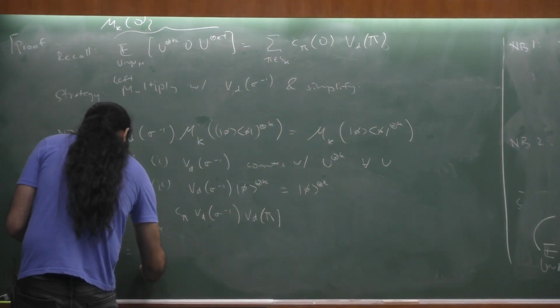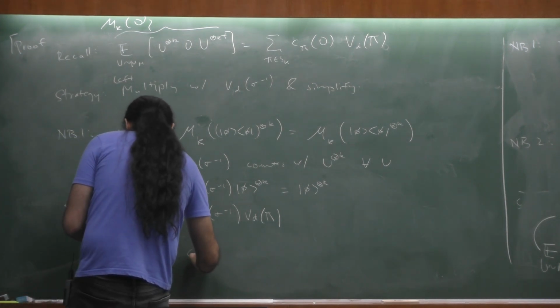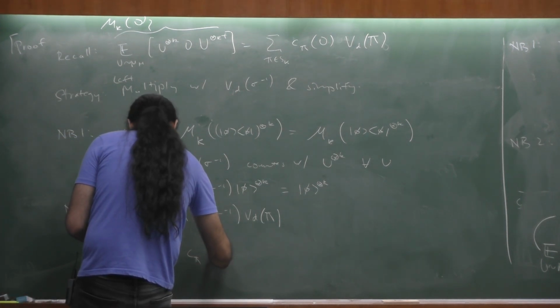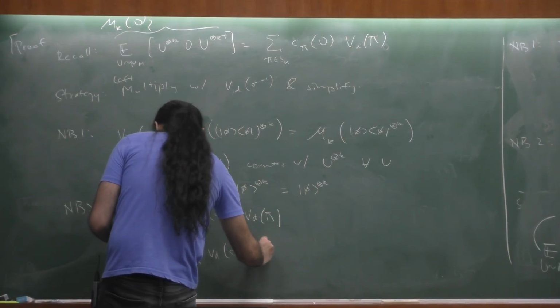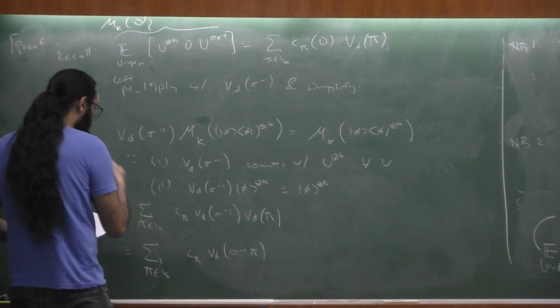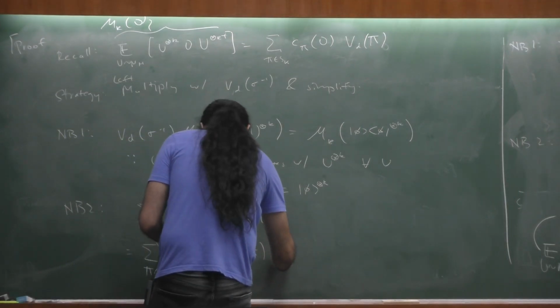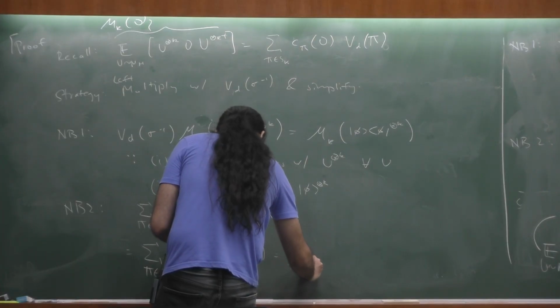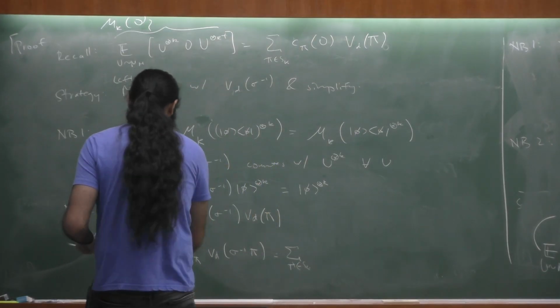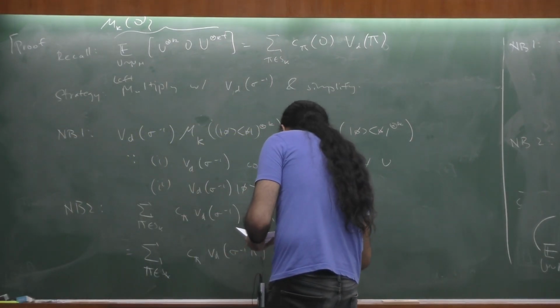There's the sum over pi in S_k of c_pi V_d(sigma inverse pi), right? That's just because of how the permutation representation was defined. And then this is a change of index, so this would become the same as c_(sigma pi).